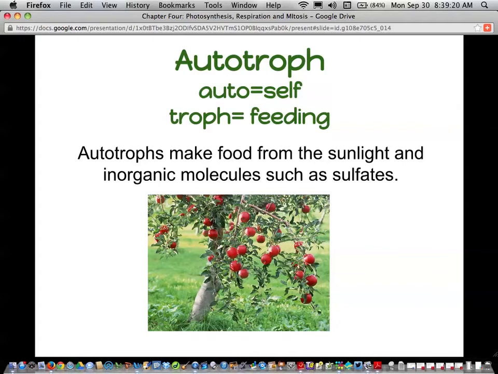Now, another word for food is energy. They get their energy from the sun. They convert the sunlight's energy into molecular energy. Okay? And when we eat plants, we get some of that energy.